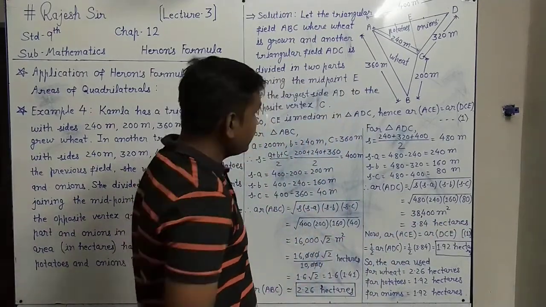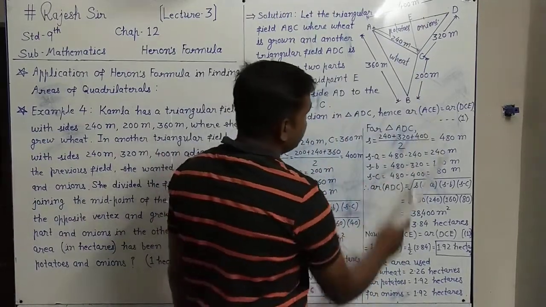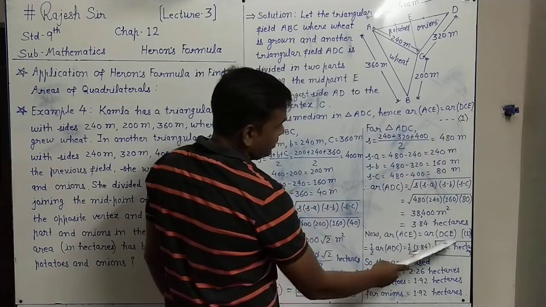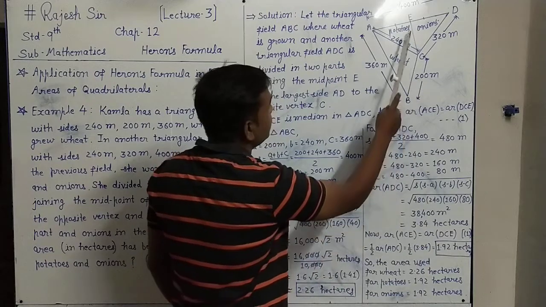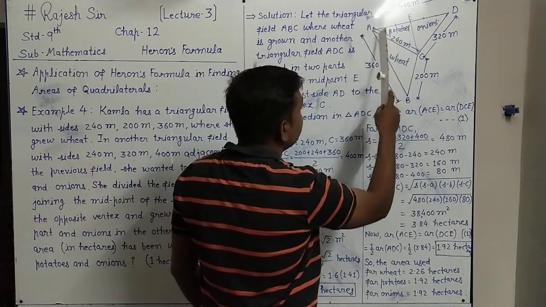So this is the area of the full triangle ADC. Now we have seen in result 1 that area of ACE equals area of BCE. They are equally divided from result 1, and these are equally divided triangles of the original triangle.